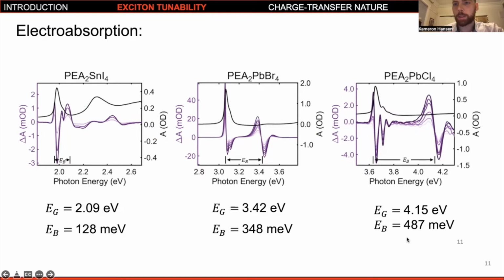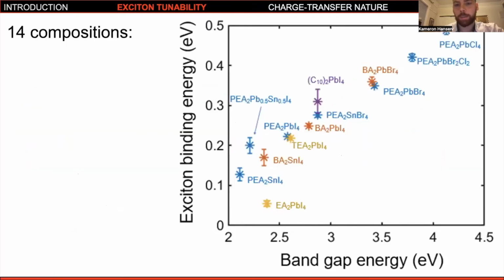Now, repeating these measurements for 11 other compounds and putting them all on a plot here where the horizontal axis is band gap energy, vertical axis is exciton binding energy, we see they do follow a trend line where here I have the colors represented by different organic molecules in the barrier layers.